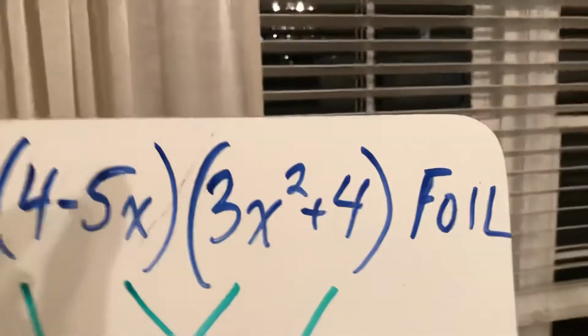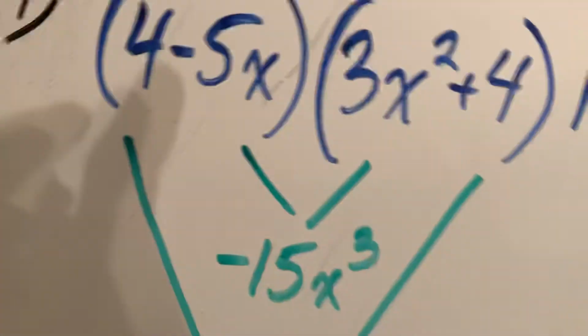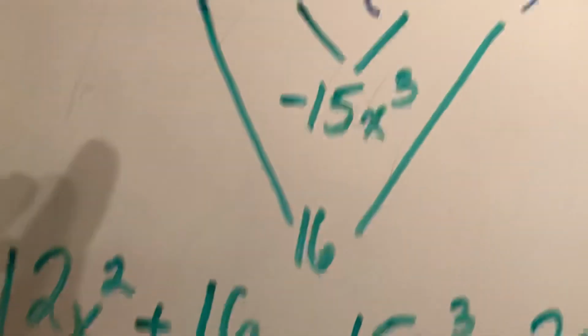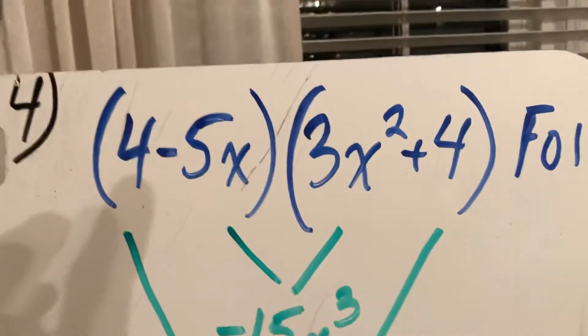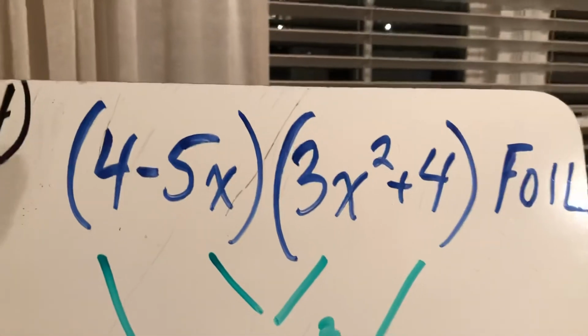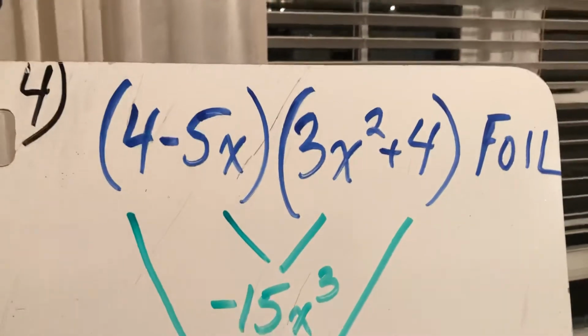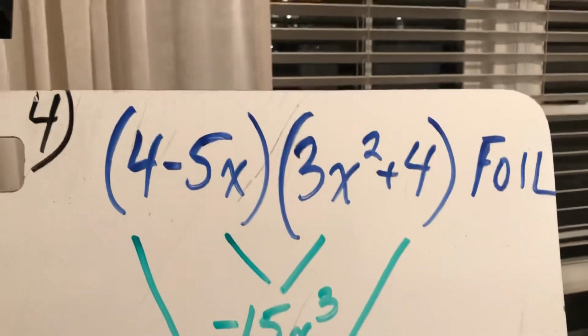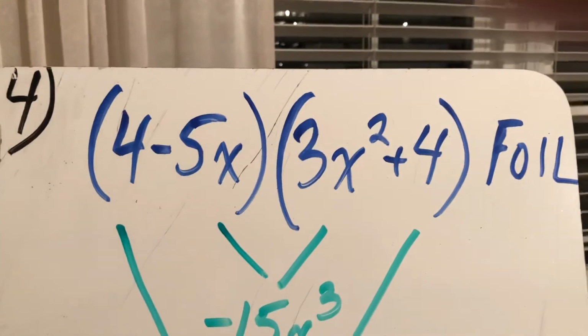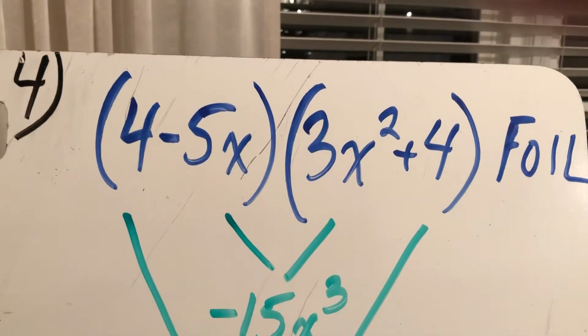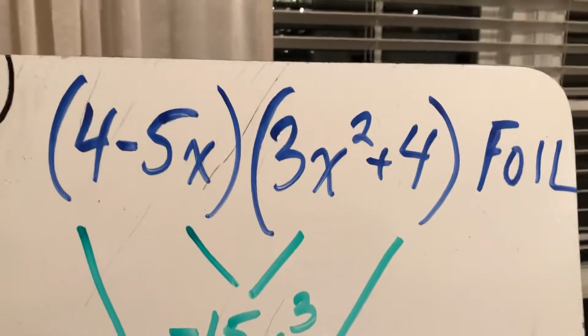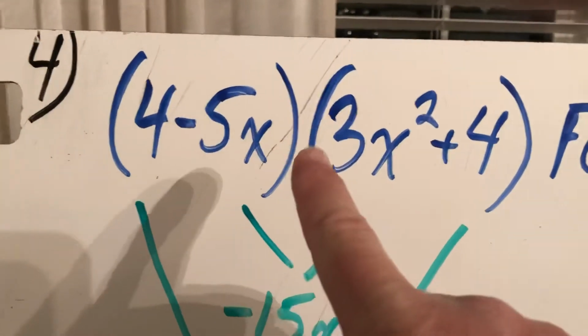Here is a problem I hope you never have to really deal with. Okay? Now, I don't like this. I don't know why they gave you a problem like this, but they did, and I don't want you to panic when you see it. So here's what's going to happen. We're going to FOIL. What's first? 4 times 3x squared.